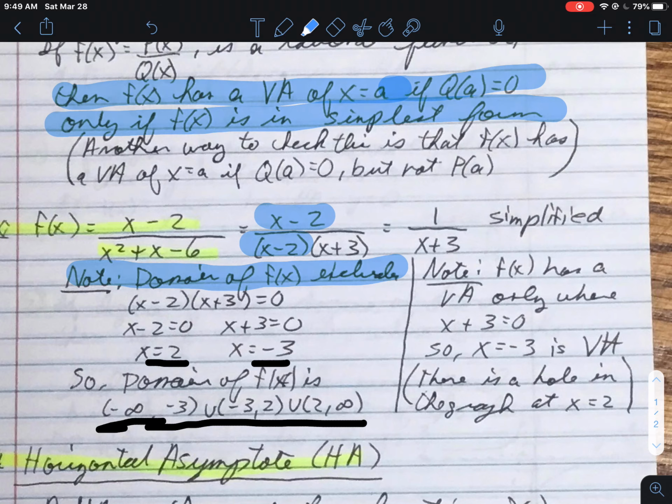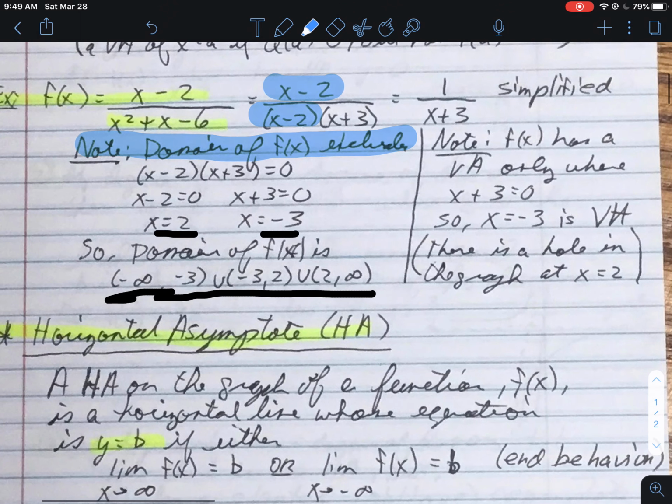So I can divide out that common factor of x minus 2, which leaves us with 1 over x plus 3. Then I identify vertical asymptotes from any of the remaining values that make that denominator 0. So in this case, x equals negative 3 would be the location of our vertical asymptote. But it's the only one.